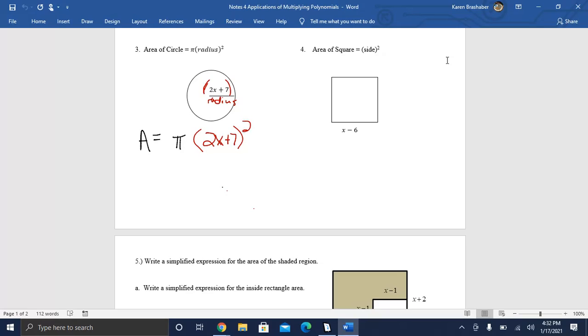All right, now remember what we've done in our previous lesson was that we would write that twice. So 2x plus 7 times itself, 2x plus 7. And then we'll do our multiplication. So again, I'm just going to keep pi as part of my final answer, but I've got my 4 multiplications that I'll be doing.